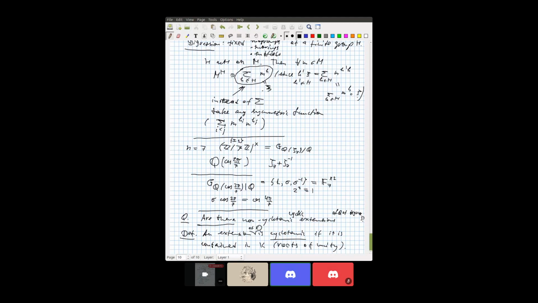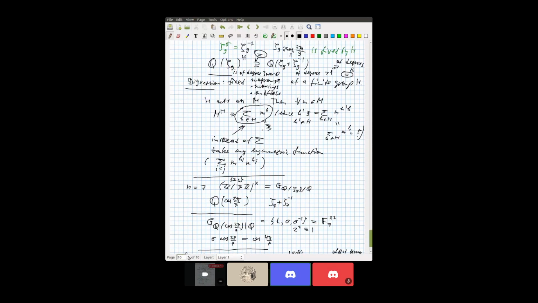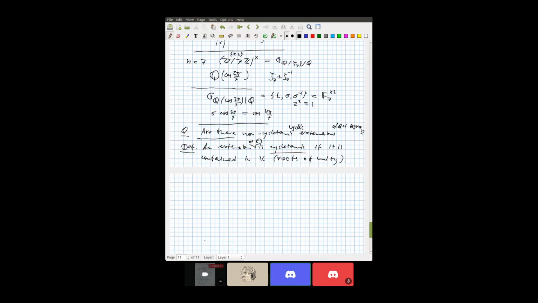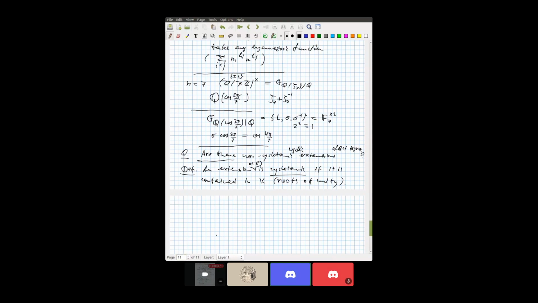So it has something to do with cyclic extensions, but not too much. But the point is, the question is, are there any other?